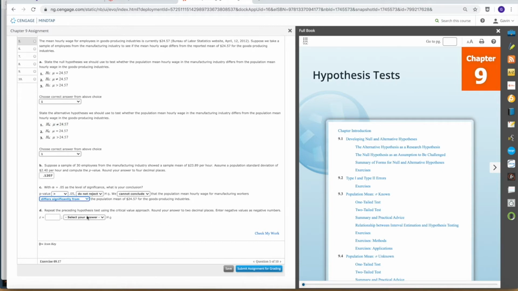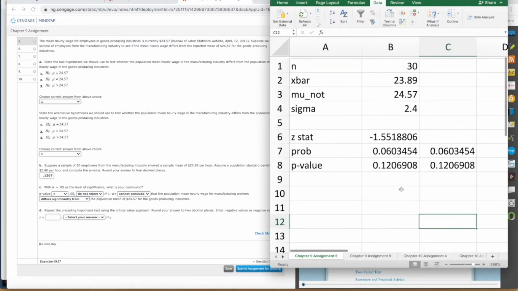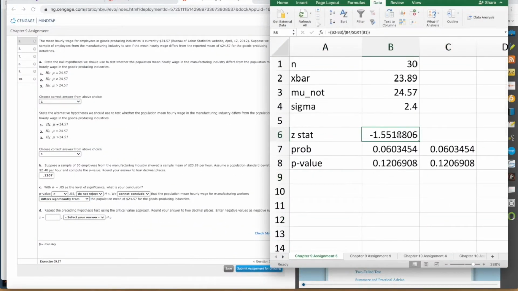And now it said repeat the preceding hypothesis test using the critical value approach. Round your answer to 2 decimal places. So the critical value approach is when we compare our z statistic to the critical value. So let's see, z critical will equal norm dot inverse.